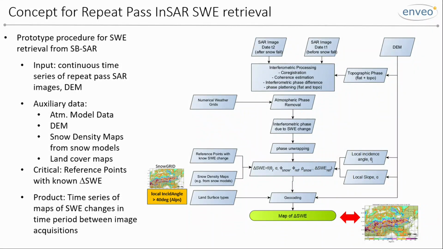So, without any change. If we have high incidence angles, we need an idea of the snow density. In the Alps, for example, on back slopes, you might have incidence angles of 60, 70 degrees. In this case, we take this from models. Snowpack models are running over the Alps, for example, over many places. You need just a rough estimation. It's not that sensitive.